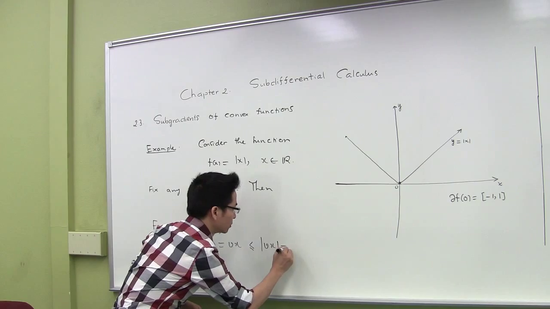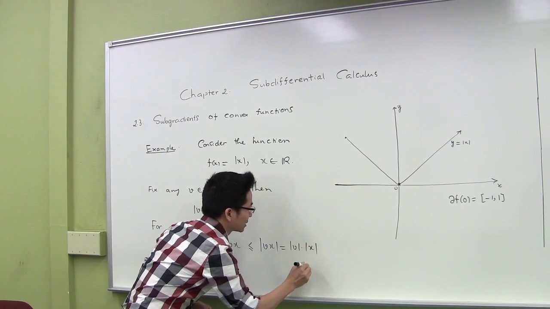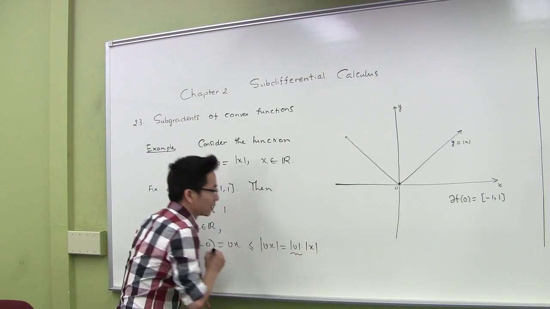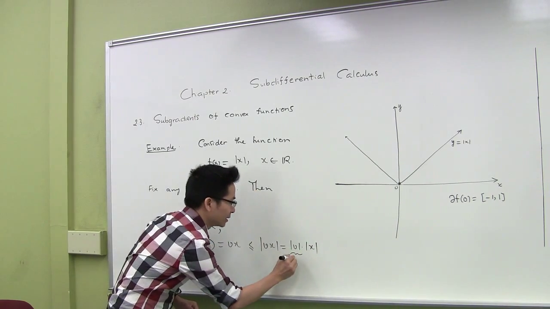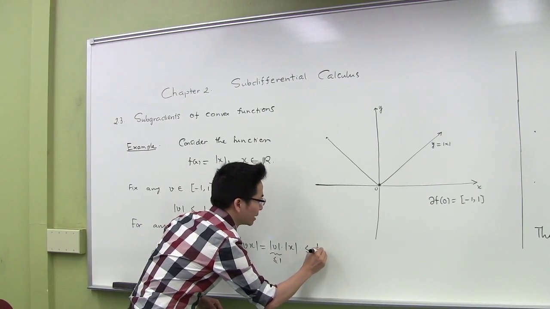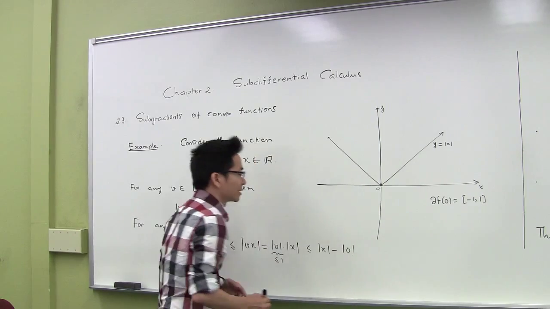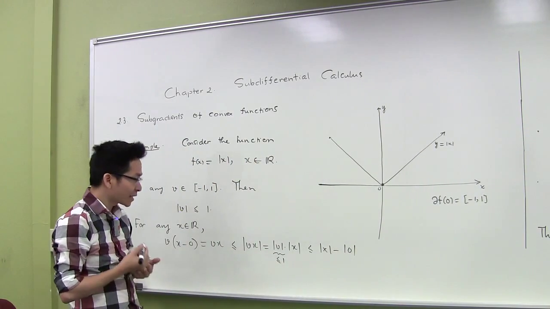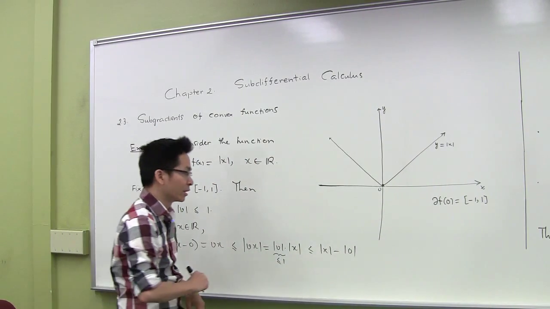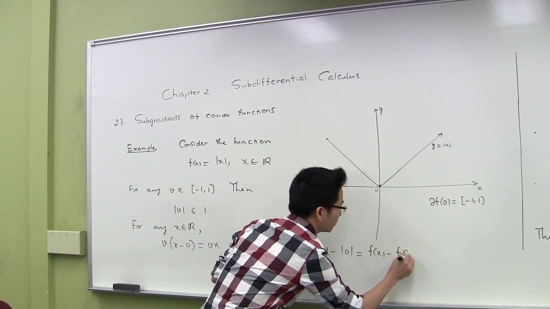And this is equal to the absolute value of v times the absolute value of x, and because the absolute value of v is less than or equal to 1, this is less than or equal to the absolute value of x. I can also write it as the absolute value of x minus the absolute value of 0, which is f of x minus f of 0.